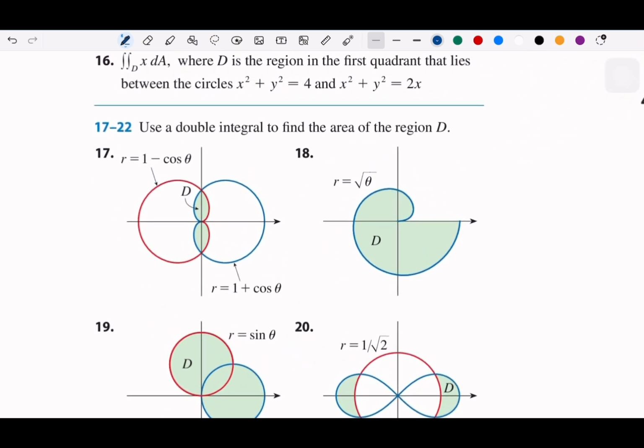Okay, we have a picture with 1 minus cosine theta and 1 plus cosine theta. This is the cardioid, if you still remember the name. Basically they mimic the heart.